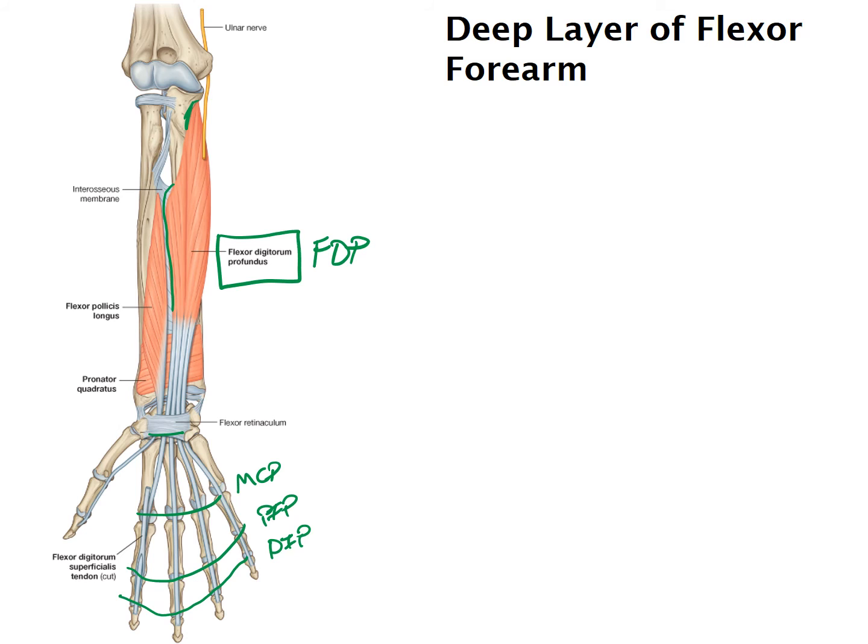In other words, the tendons of the FDP insert on the distal phalanx of the four fingers. As such, the flexor digitorum profundus is said to flex the fingers at the DIP joints.